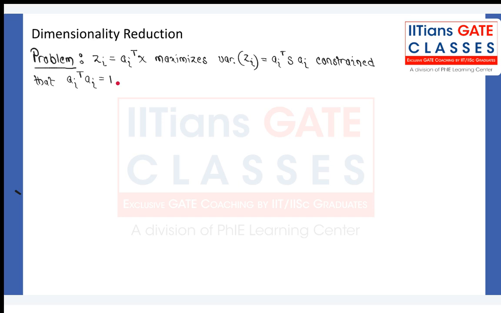If you want, I can also suggest some resources, or I can help you to learn, if you comment and if you are not sure. So for constraint-based maximization problems, Lagrange multiplier comes into the picture.